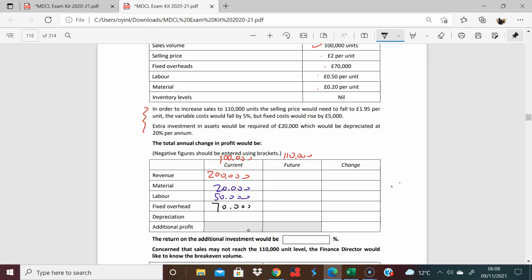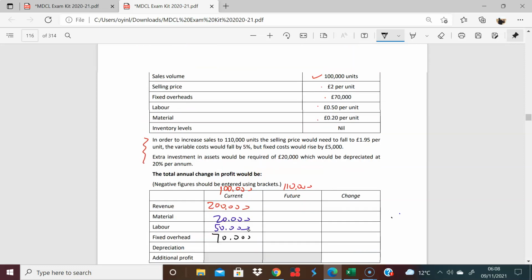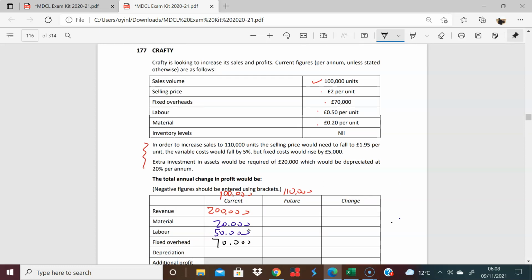So this is additional depreciation that we're going to have here. So I'm going to argue that my current depreciation is nil. I imagine that depreciation cost is living within my fixed overhead cost right now because they haven't separated it out anywhere for me to see. We'll check the answers to see depreciation at the time.